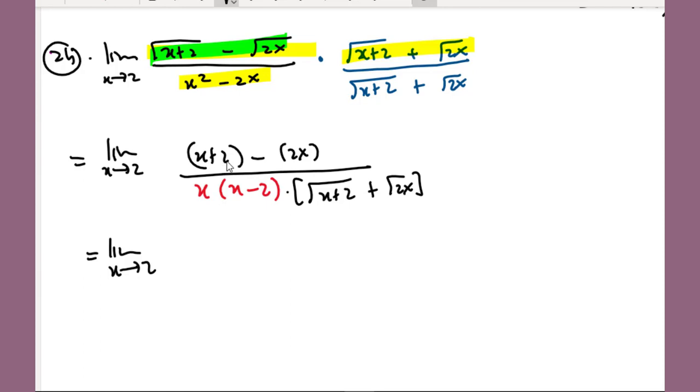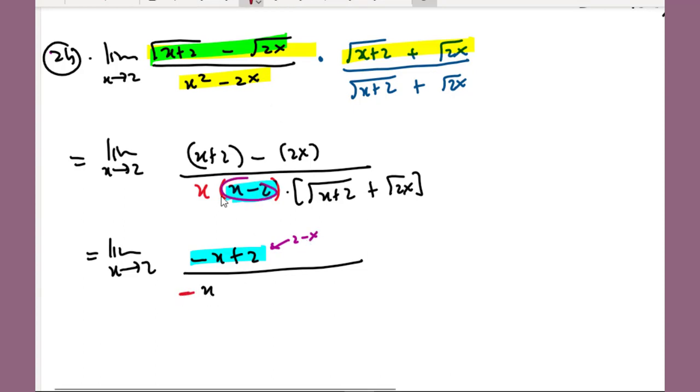Okay, x, minus 2x, get negative x plus 2 over. Okay, here this one is x minus 2, this is 2 minus x. This one is actually 2 minus x. This one is x minus 2. Means I try to factorize this to 2 minus x. Then this one is just like this one. Okay, and then can we cancel this? Cancel.